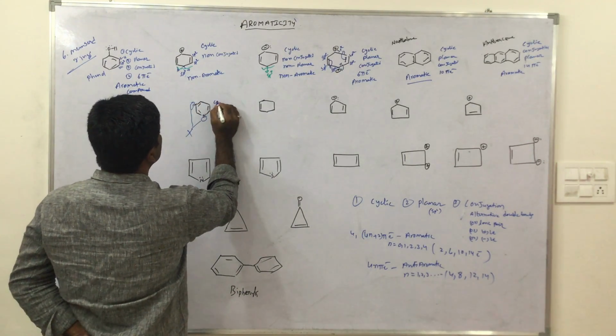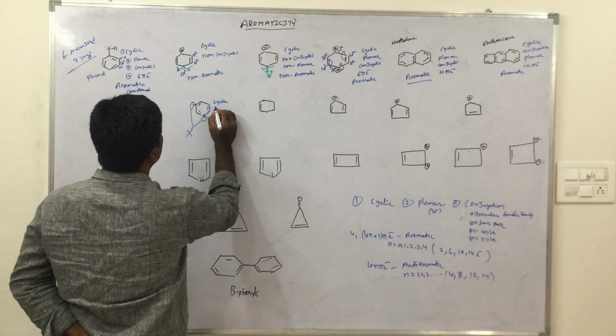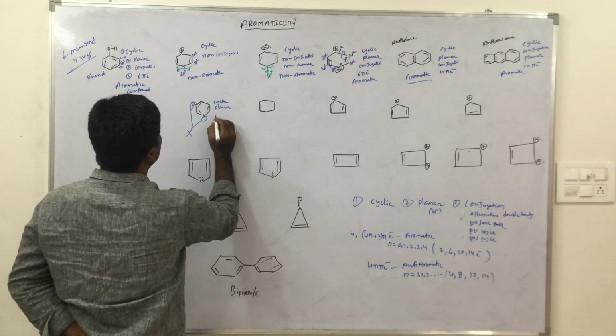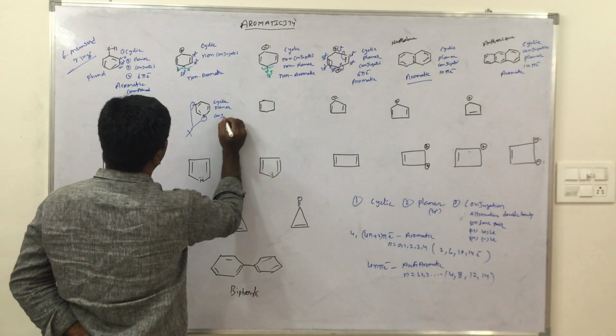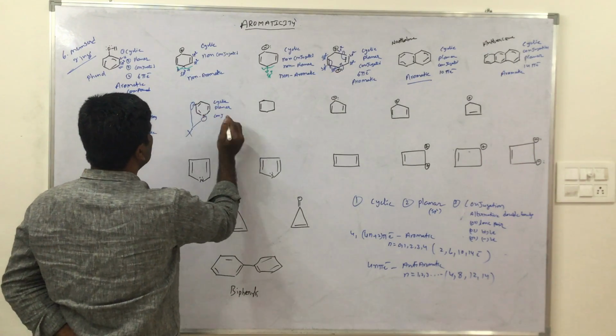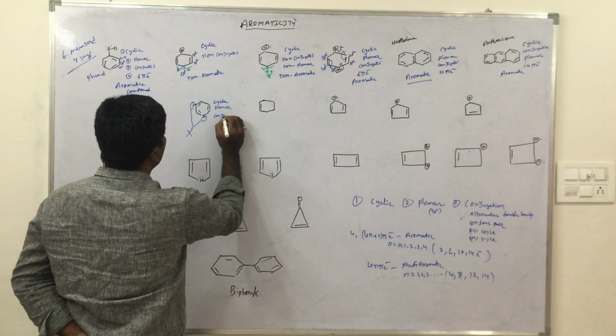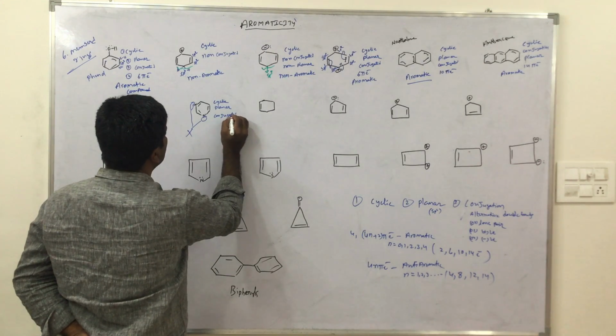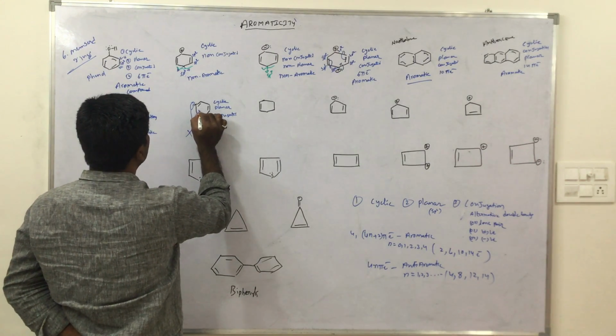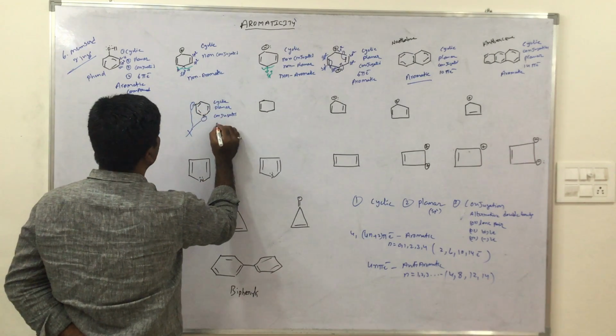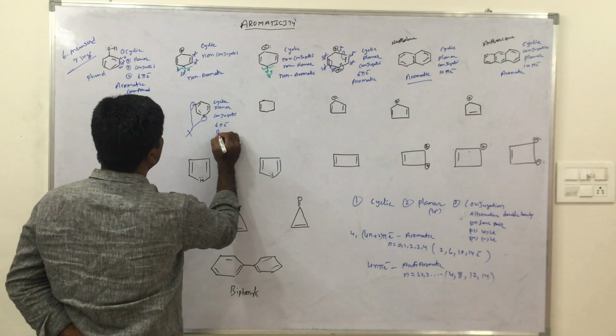So it is cyclic, planar, and conjugation is present, because alternating pi bonds are present. 2, 4, 6 pi electrons. 6 pi electrons belongs to aromatic.